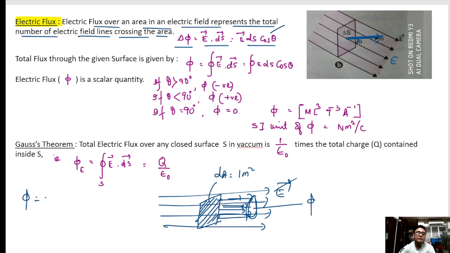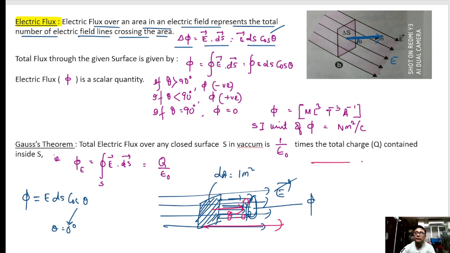Now if this theta is 0 degree, that means the normal is in the direction of the electric field. This is the normal of the surface and this is the electric field, so they are in the same direction, so theta equal to 0 degree.